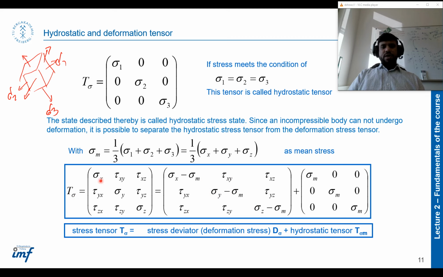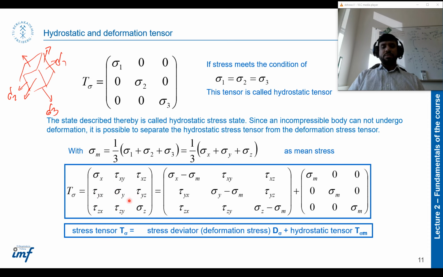So if we have an applied stress on a certain material, it can be represented with this tensor, where sigma x is the principal load in the x direction, then shear load in the xy direction, shear load in the xz direction, and then again shear load in yx, shear load in yz, principal load in the y direction, and then shears in z, and then the principal load in the z direction.